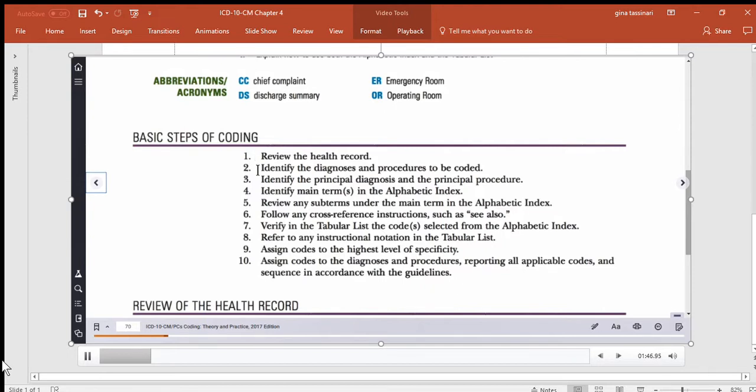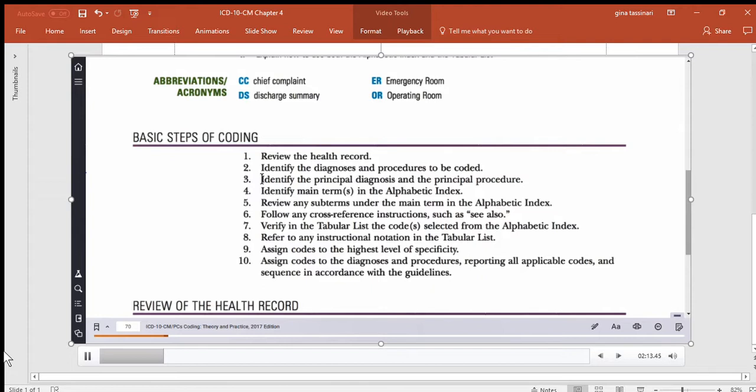Number 2, you identify the diagnoses and the procedures that need to be coded. Number 3, you will identify the principal diagnosis and the principal procedure. Now, I'd just like to take a second here to explain that what we're looking at with the ICD-10 PCS is inpatient coding. So a lot of this will speak to inpatient coding.